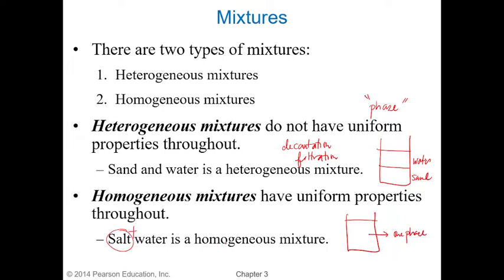So if that's the appearance of your mixture, then that is a homogeneous mixture. Again, how do we separate salt and water? You just use the evaporation technique to separate out the salt and water because you know water will evaporate, right? And the salt will be just left in your evaporating dish. Okay? So that is for mixtures.